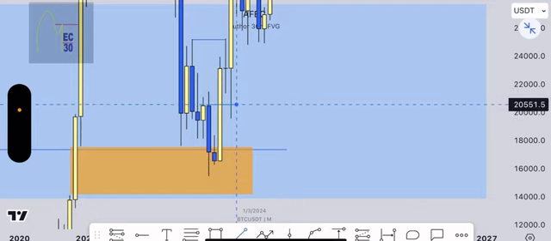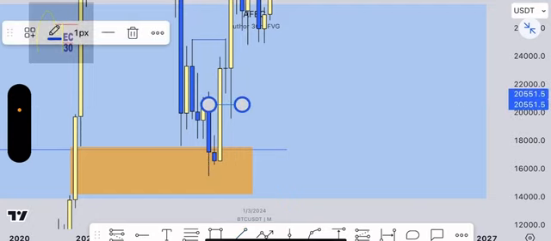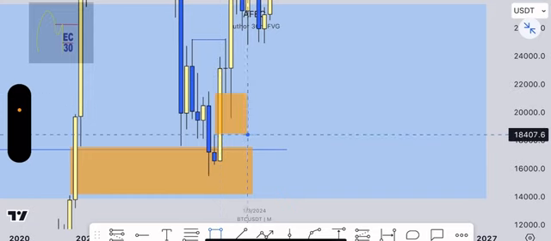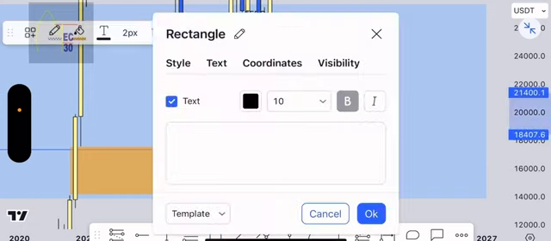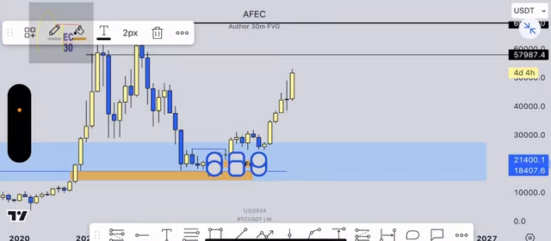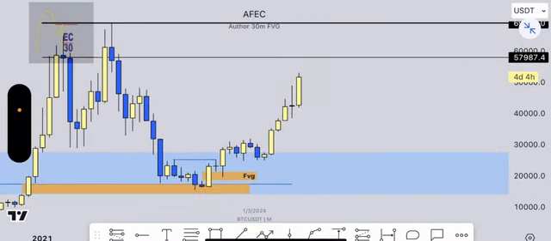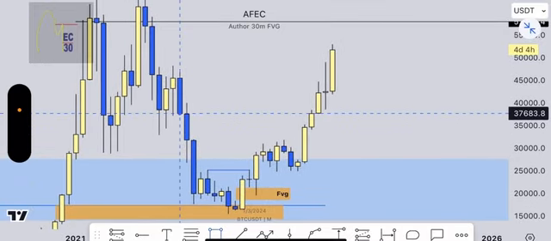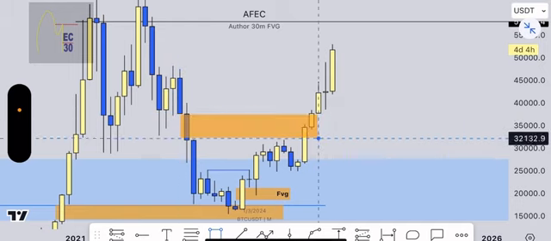So let's just tap on this fair value gap and order block, and then we have this fair value gap also, right? We will be expecting from the fair value gap to be targeting some highs. So we have this premium fair value gap, and we will be expecting a full closure above it, then higher prices.